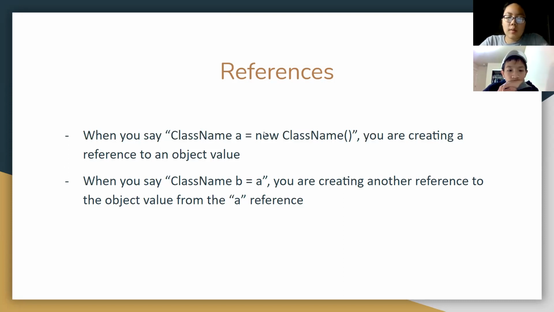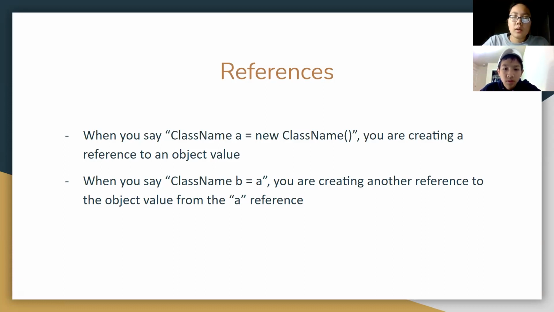And I have a little diagram later for it. But when you're saying ClassName B equals A, you're creating another reference. In this case, it's ClassName B to the object value from the A reference, which just means you're creating another reference, like an arrow pointing to the same value. So ClassName A and ClassName B are both referring to the same exact value.